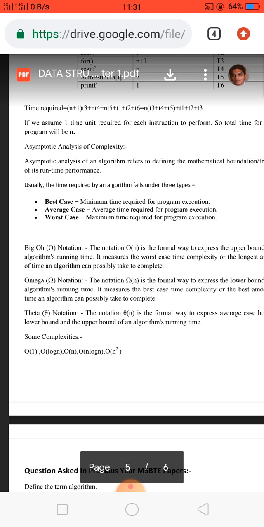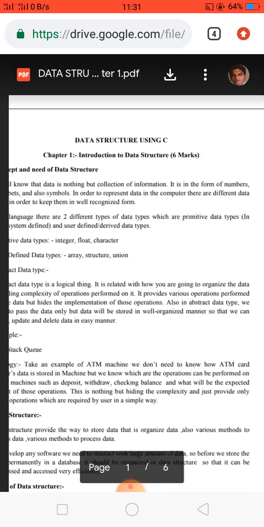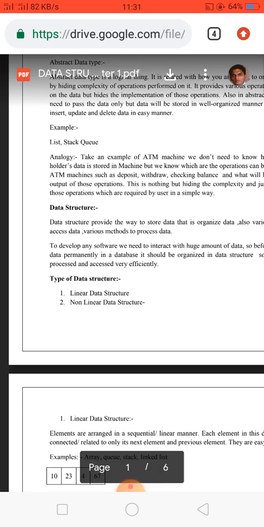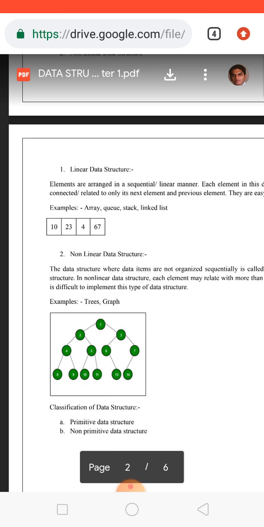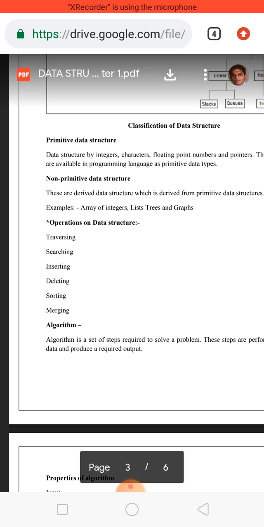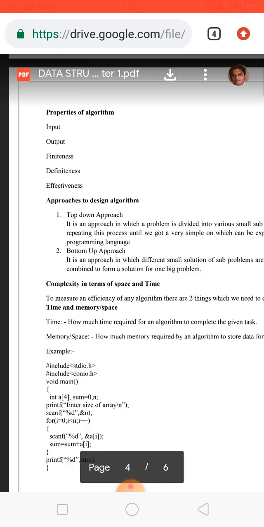So this is how your first chapter of data structure, which are the points which we covered. First, what is data structure, the need of data structure, the types and classification of data structure, in that linear and non-linear, which are most important. The different operations performed on a data structure: insertion, deletion, searching, sorting, merging.